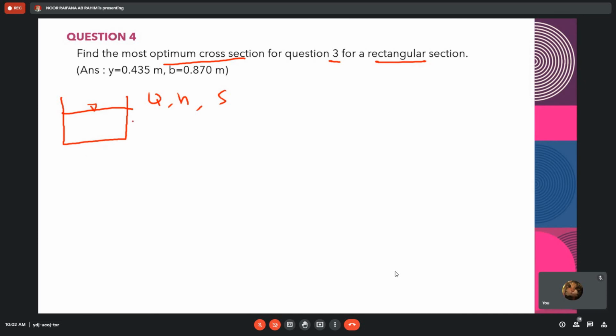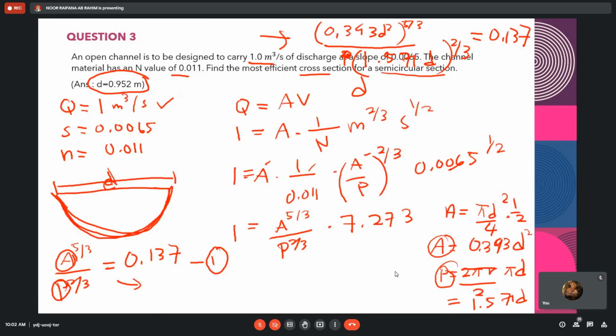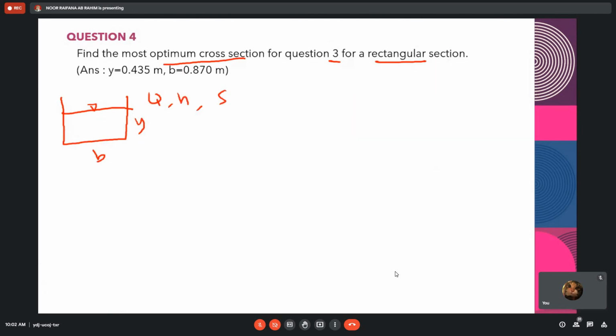So for rectangular kita kena tahu dia punya Y, kita kena calculate dia punya B. Okay, so sebelum ni sebab Q, N dengan S dia sama, jadi kita boleh pakai equation ni tau. Kita boleh ambil balik equation ni.